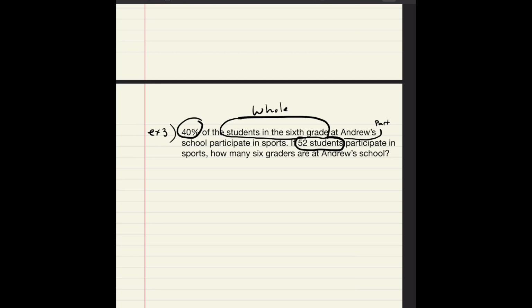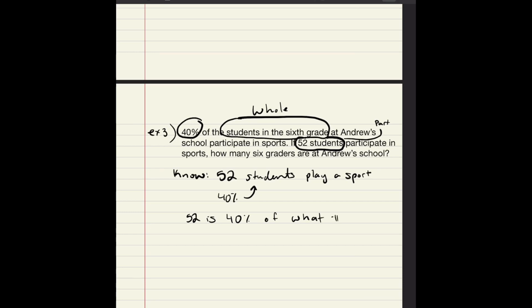So we're given a part and a percent. What we know is that 52 students play a sport, which is 40%, which is the same as saying 52 is 40% of what?